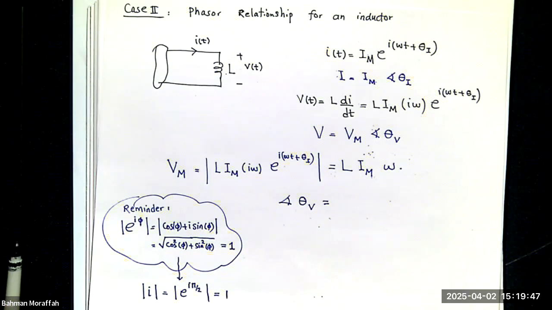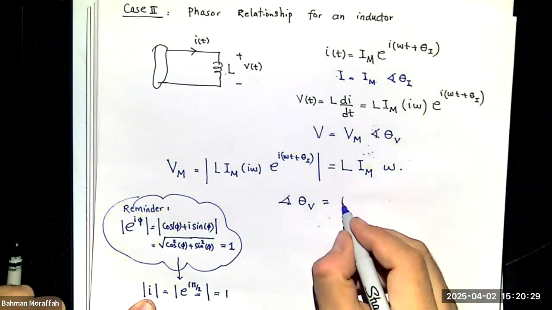If I multiply a few complex numbers, what happens to the angles? I have to add them, right? So what is the angle for L? L is a real number. There is no angle for it, so the angle is 0. What is the angle for Im? Still 0 because it's a real number. What is the angle for i? Remember, it's happening at 90 degrees. I can write it as e^(i pi/2), and this is the angle.